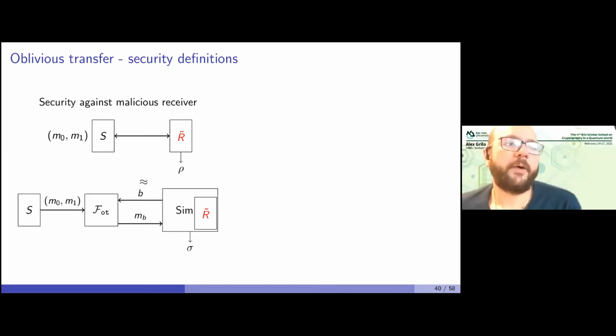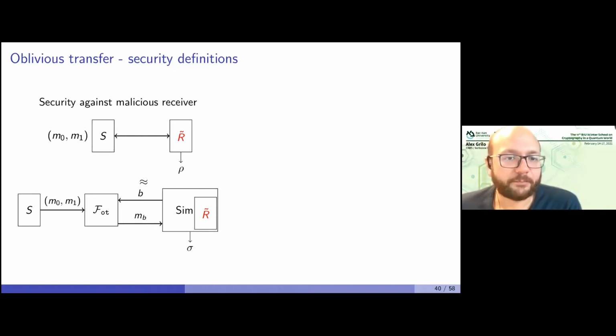In particular, when you consider security against a malicious receiver, again we want to make the real world and the ideal world indistinguishable. So whatever this malicious receiver does when interacting with the honest sender, an arbitrary malicious quantum receiver that outputs some state rho, should be indistinguishable from a quantum simulator that is able to run this malicious receiver or rewind it.